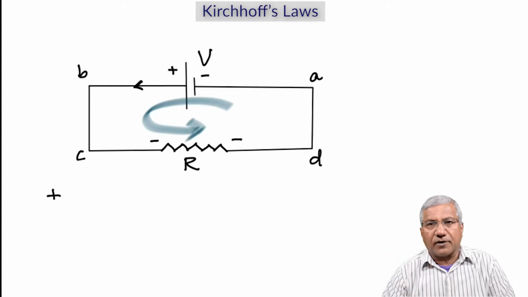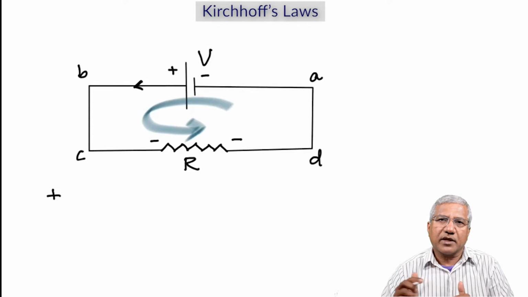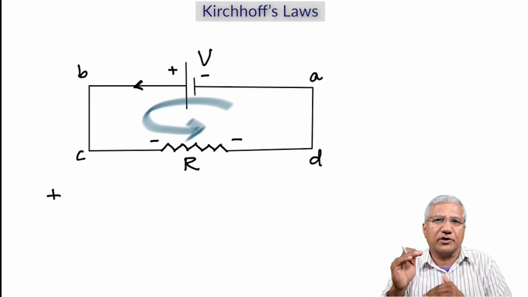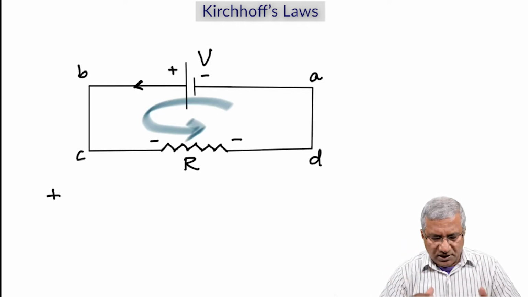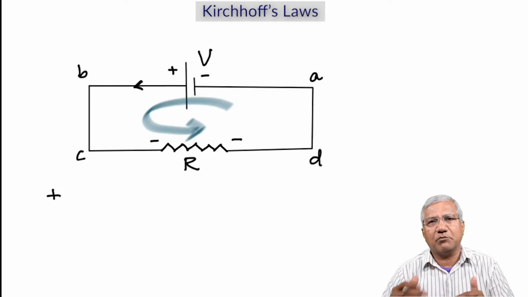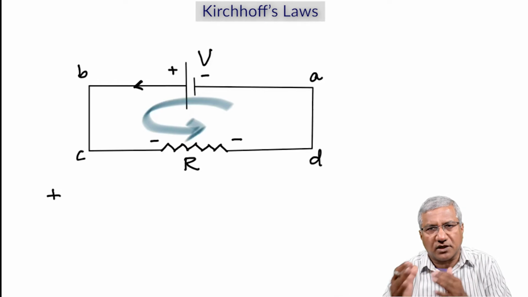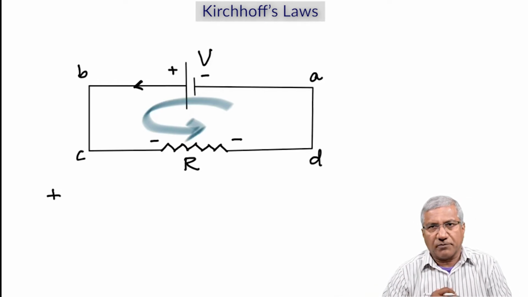We will start from A, proceed to B, to C, to D, and back to A. Now, that's what you mean by a closed network. You have to return to the point where you start. So the electrical network is A, B, C, D, A. It's a closed network, and we are starting from A, proceeding in the counterclockwise direction.